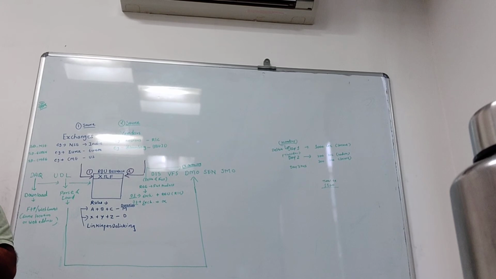For certain attributes, like in case of options, there is one attribute, strike price, which is very important, and we use it as a cross-referencing attribute. If that is changing, then definitely linking and delinking is happening.